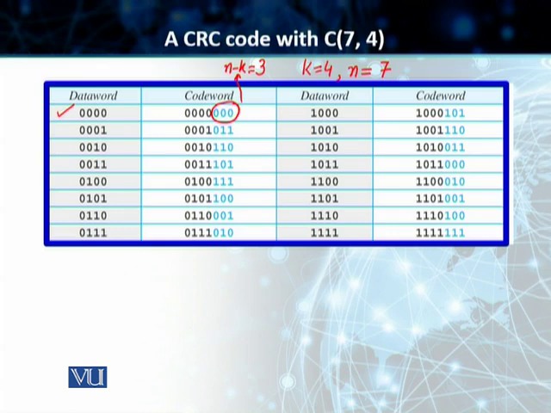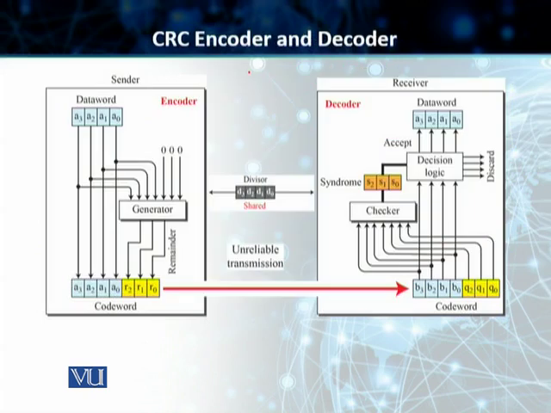Now students, to see how we are going to calculate the bits that we have appended, we need to look at the CRC encoding and decoding process. Students, on the left hand side you have the encoder, and we have a data word which is 4 bits.